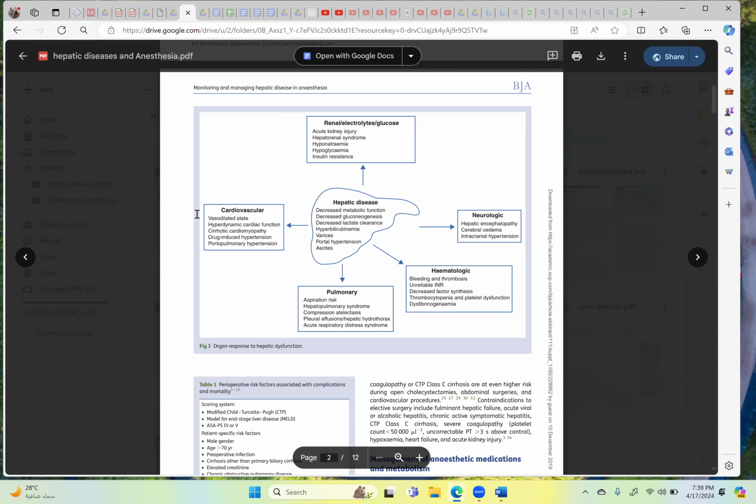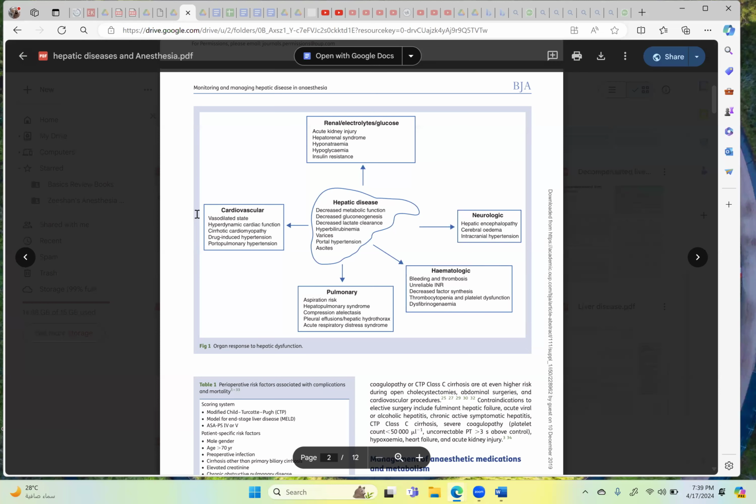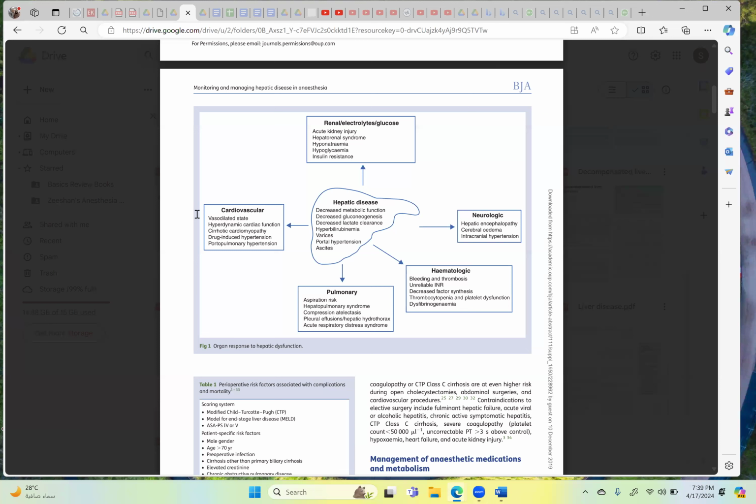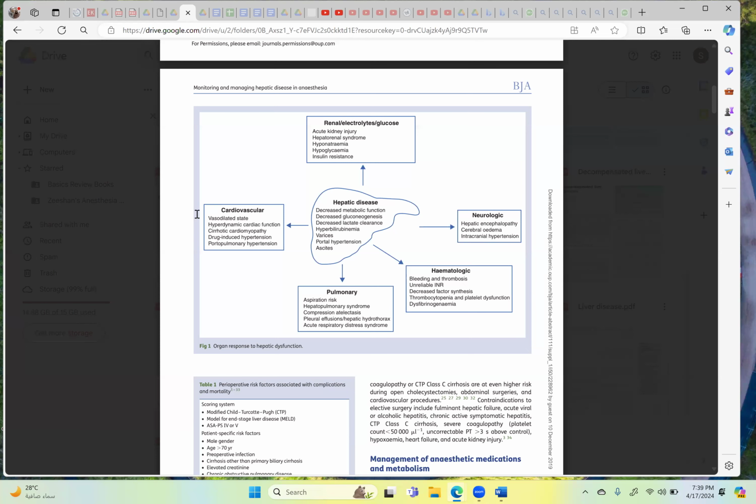You can just see acute kidney injury, hepatorenal syndrome, hyponatremia. I forgot to mention hypoglycemia, because these patients are prone to hypoglycemia and insulin resistance. Similarly, neurological: hepatic encephalopathy, cerebral edema and raised ICP. Hematological: bleeding and thrombosis, and INR.